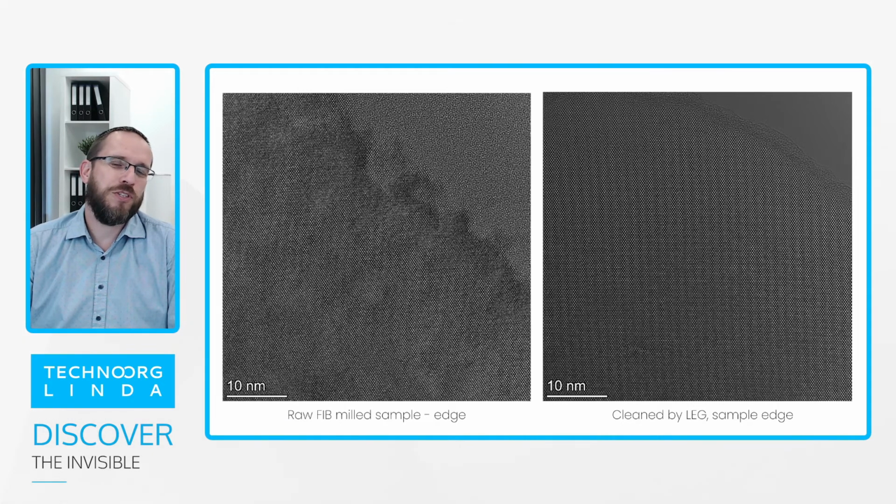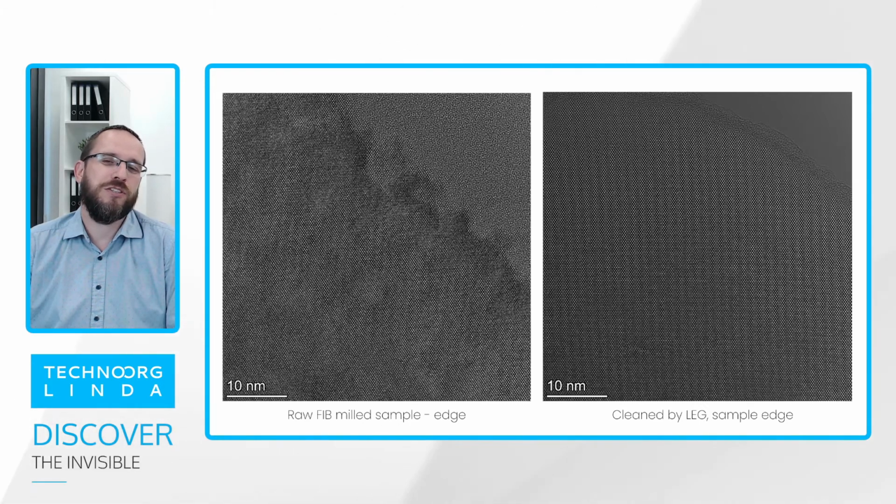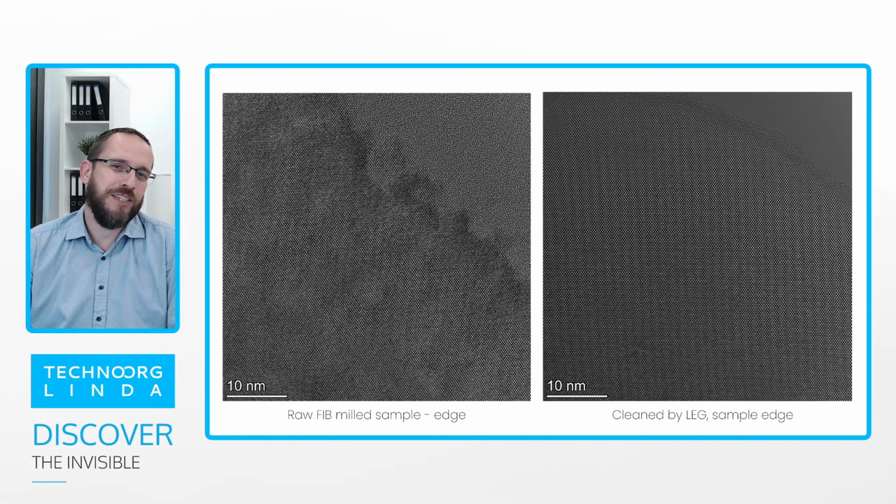So on both sides of this thin section, we will have 2 nanometers of silicon dioxide, and that's what we see on the edge. But from the lattice image, I think you can judge that this sample was cleaned properly and it is as good as it can be.